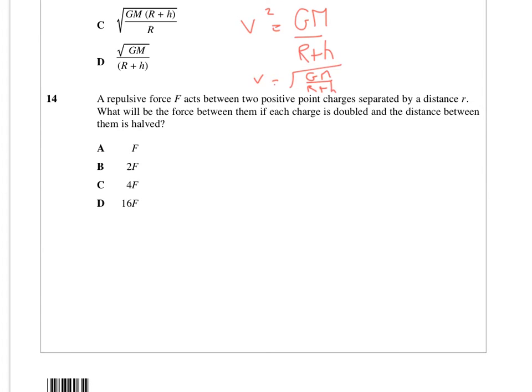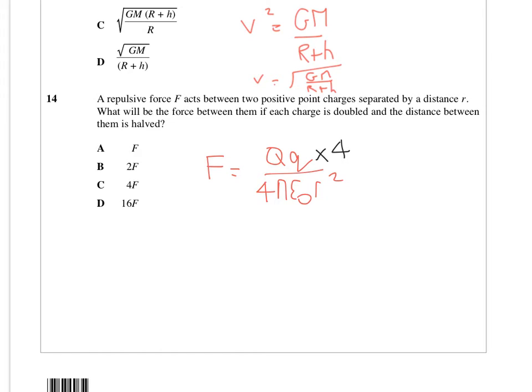So we've got a repulsive force F acting between two positive point charges separated by a distance r. What will be the force between them if each charge is doubled and the distance between them is halved? So we've got a force, which we can calculate using this equation here. If both charges are doubled, we essentially multiply each term by 2, so the top line's been multiplied by 4.